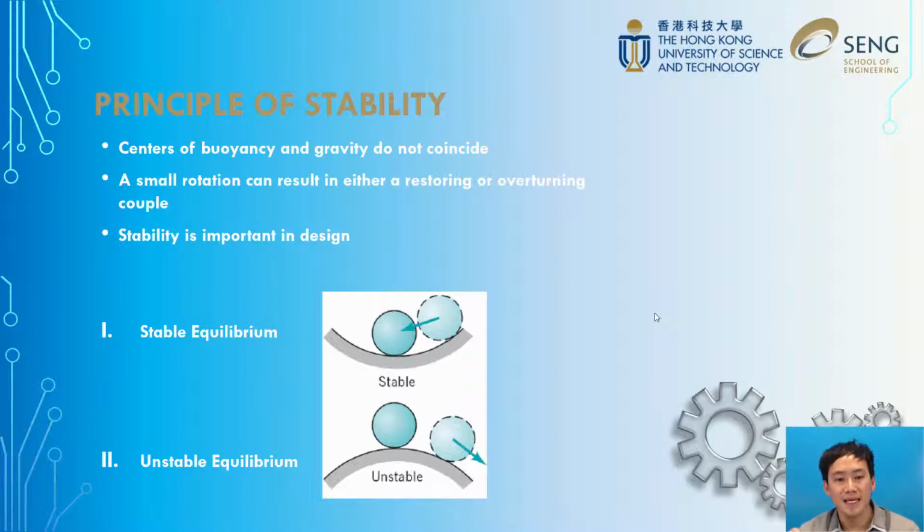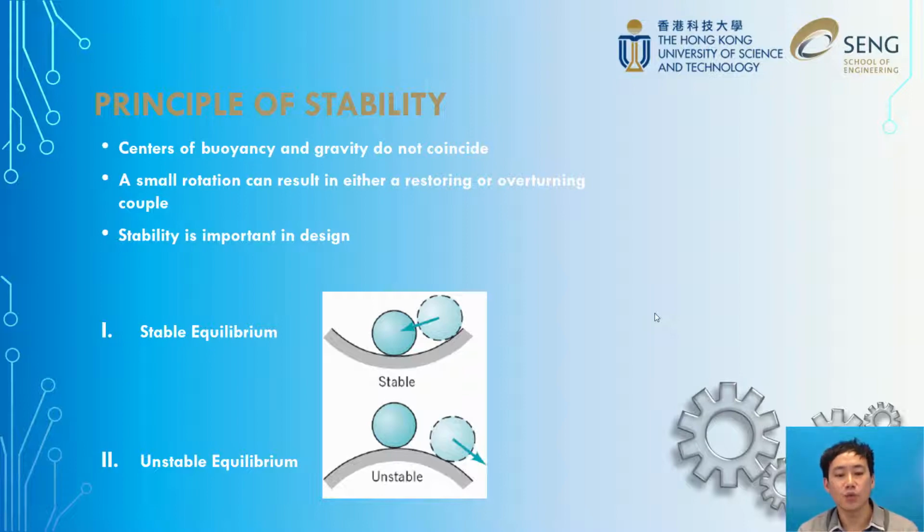But when you rotate the system a little bit, when you give it a small push, maybe because of air current or some unpredicted force acting on the system, it will generate either a restoring or overturning couple. If it generates a restoring couple, that means it will bring the system back to the original condition, and that is something we call stable equilibrium.